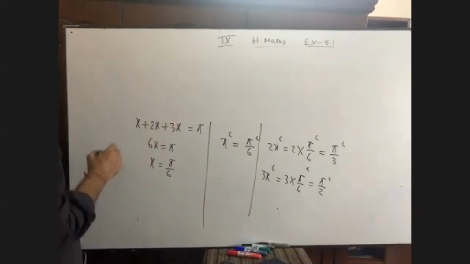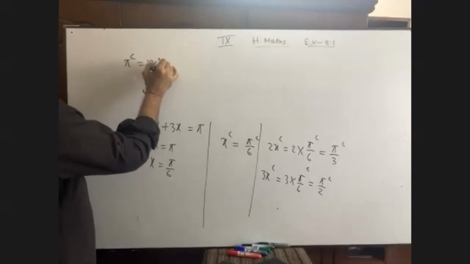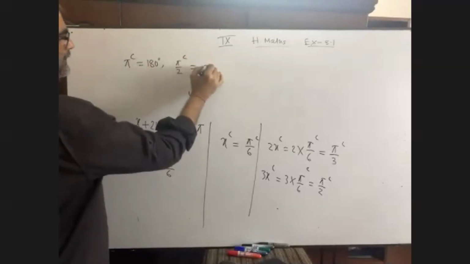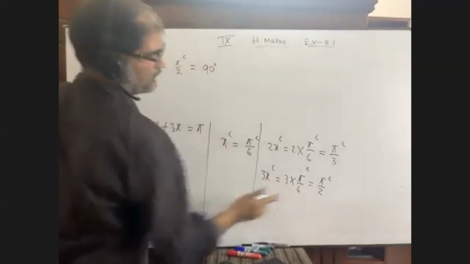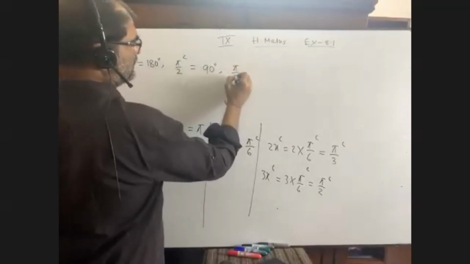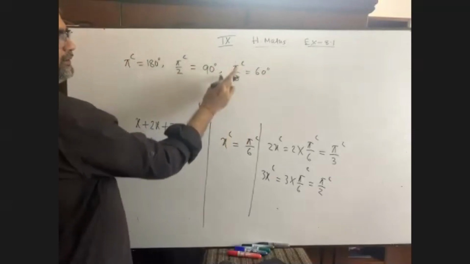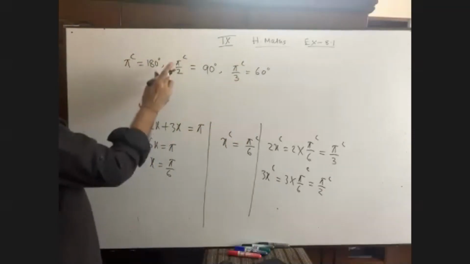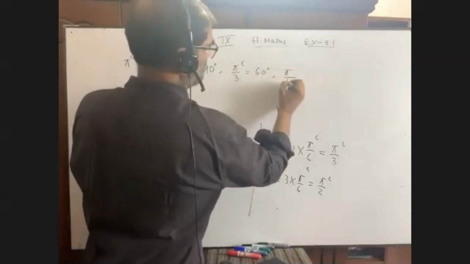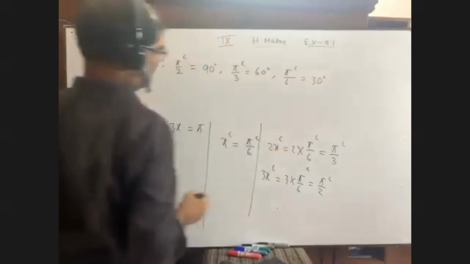You see, please. So we are getting here today pi radian equals to 180 degree. Pi by 2 radian equals to what? 180 by 2, 90 degree. Pi by 3 radian equals to what? 60 degree. Pi means 180. 180 by 3 equals to 60. Pi by 6 radian equals to what? 180 by 6 equals to 30 degree.